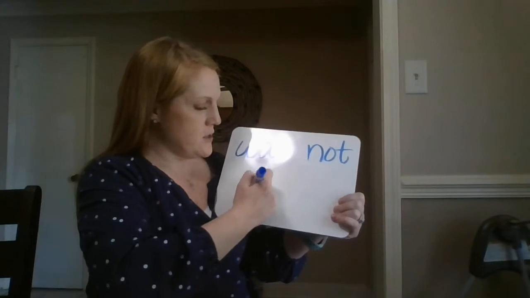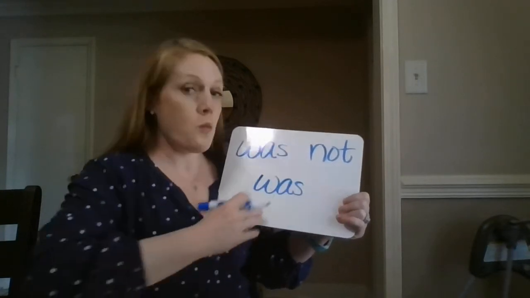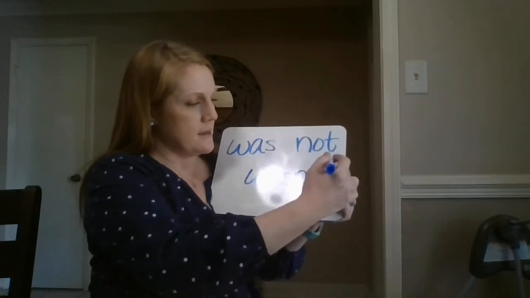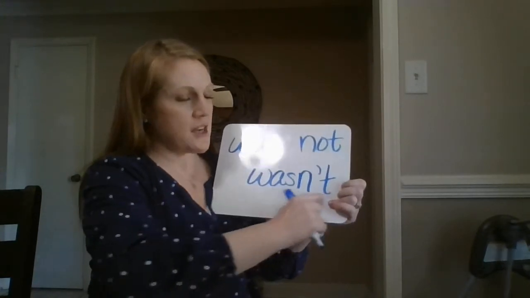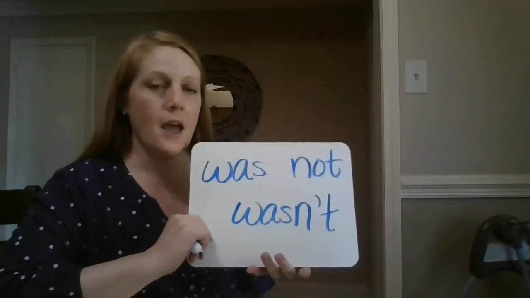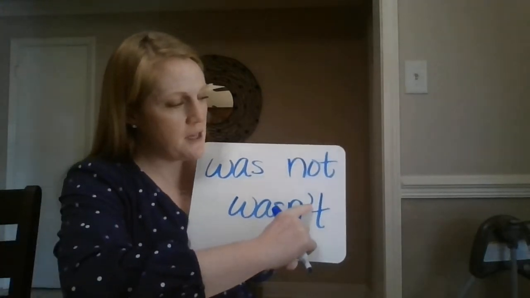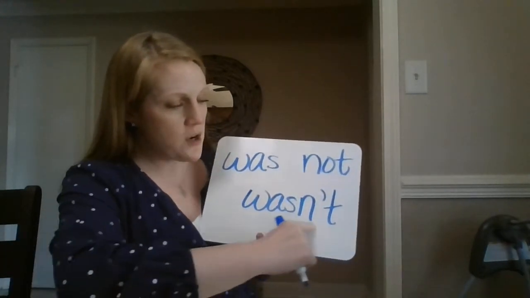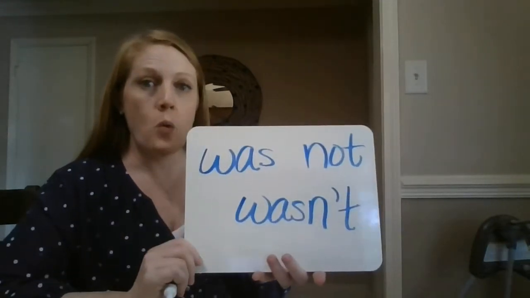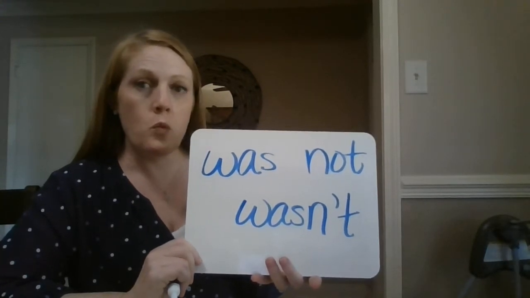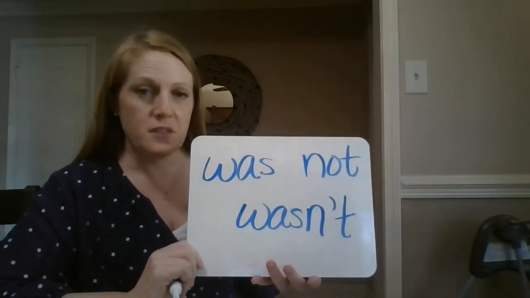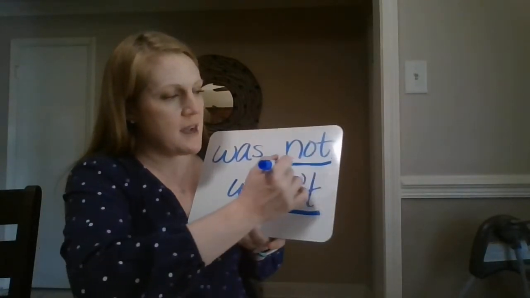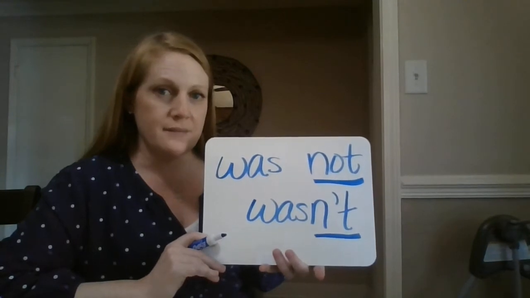So I'm going to still keep all of the letters in the word was, and then I'm going to add the contraction part of my word, nt, N apostrophe T. You see this apostrophe is taking place of the letter O. So this new word, this contraction, is pronounced wasn't. Can you say wasn't? Very good. And whenever you see the N apostrophe T, don't forget that is how you write not in a contraction.